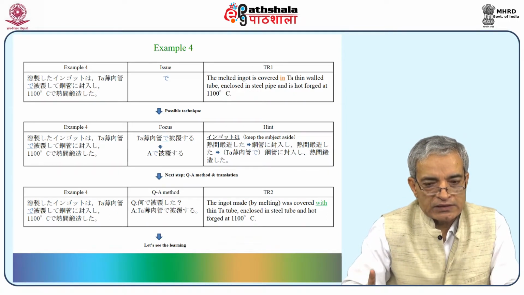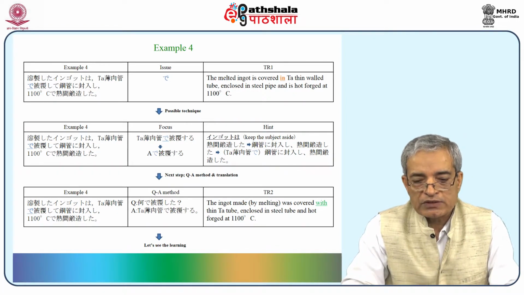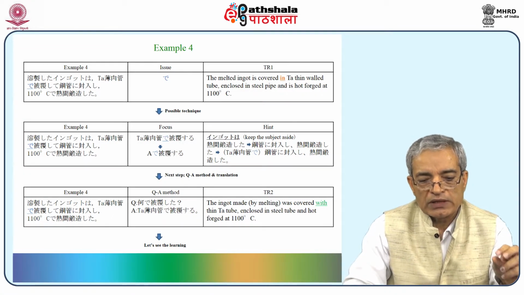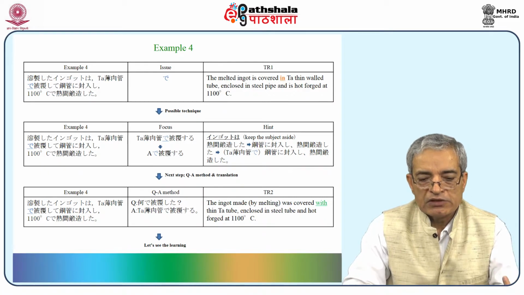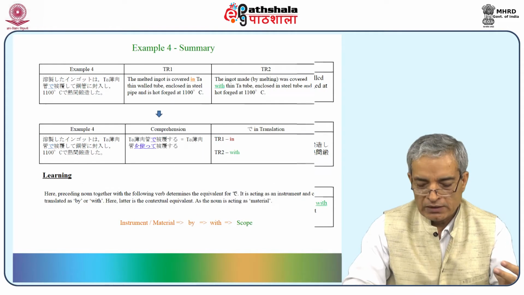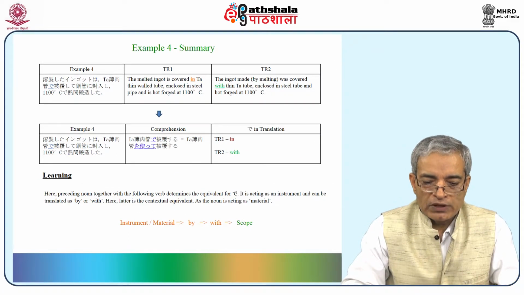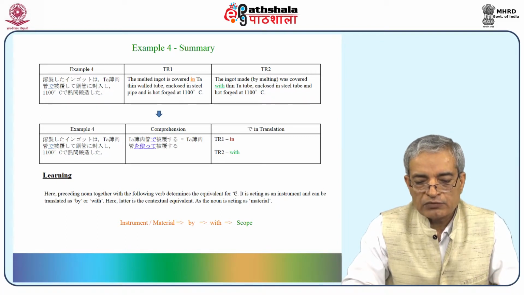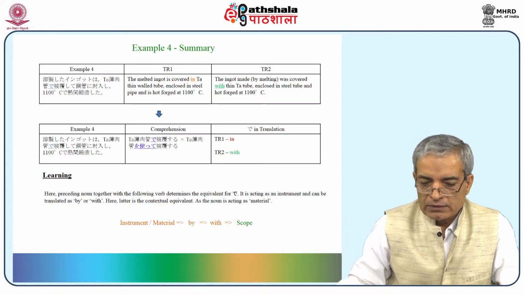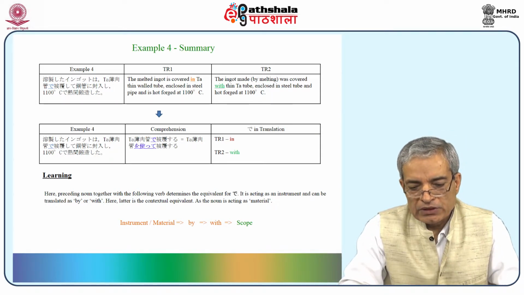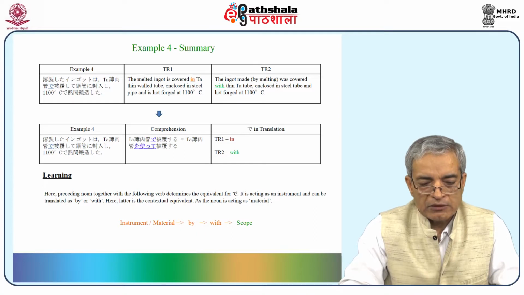In translation 1 it was translated as "in", in translation 2 it was translated as "with", because the comprehension was Ta usuniku kande hifukusuru is equal to Ta usuniku kan o tsukatte hifukusuru. And the learning here is the preceding noun together with the following verb determines the equivalent for "de". It is acting as an instrument and can be translated as "by" or "with".